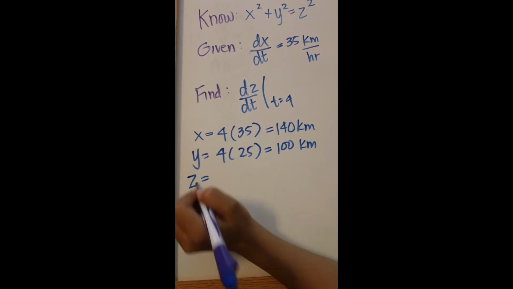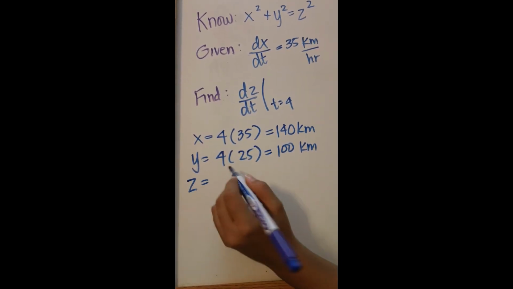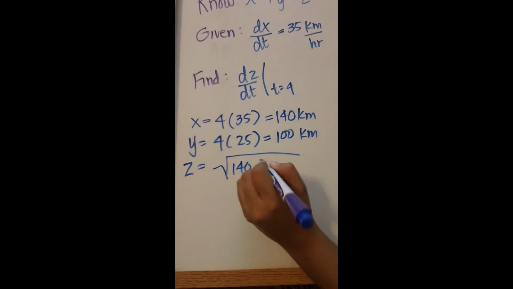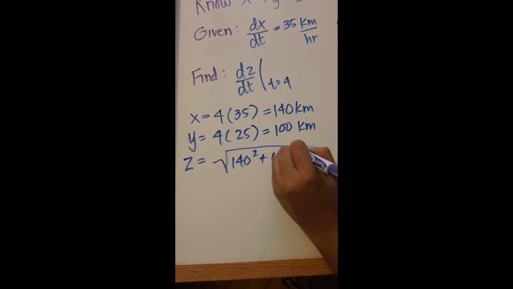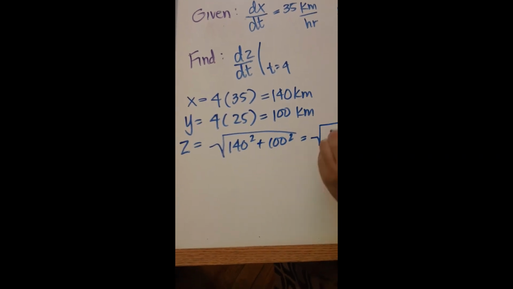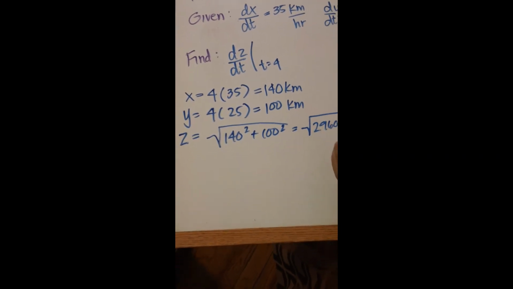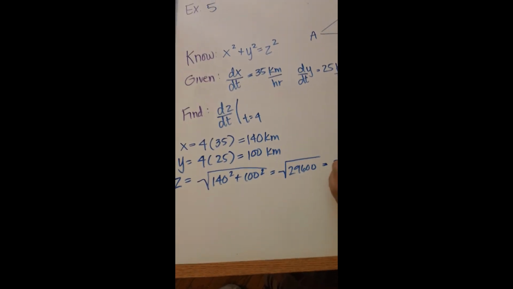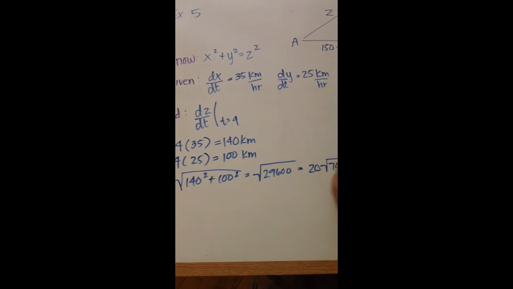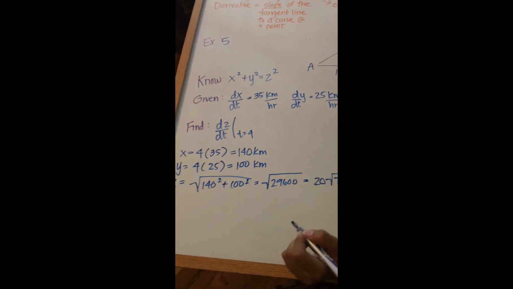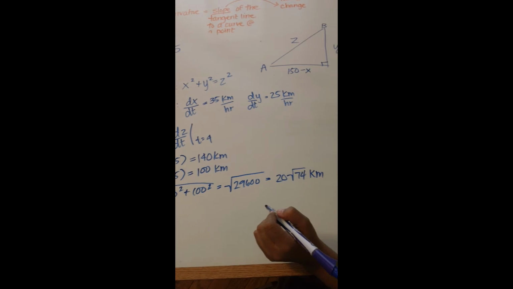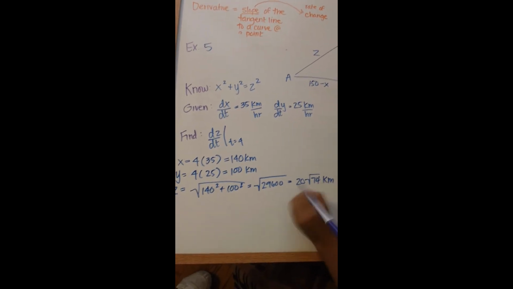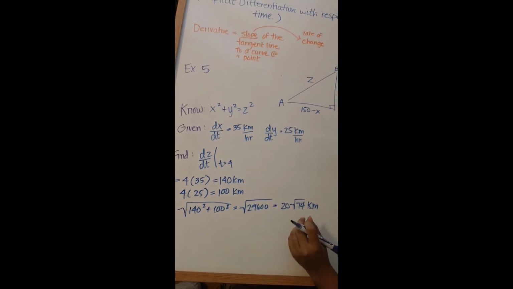Now for z, since it's a right triangle, we take the square root of 140 squared plus 100 squared, which is the square root of 29600. We can simplify this to 20 times the square root of 74 kilometers. You can write out the decimal form, which is, I believe, 172 point something, but for this problem, just leave it in terms of the radical.